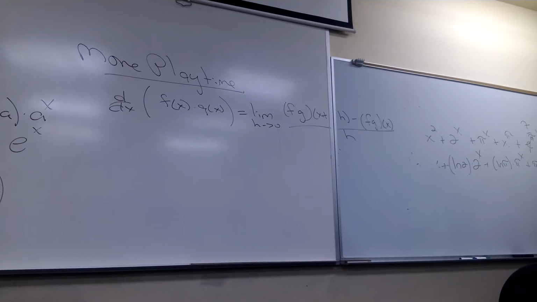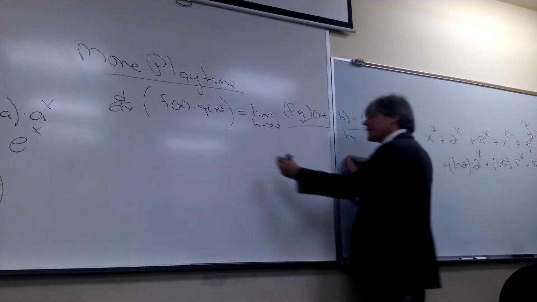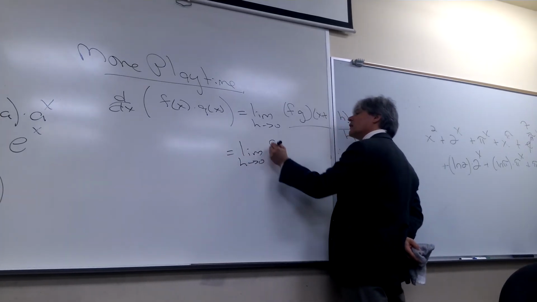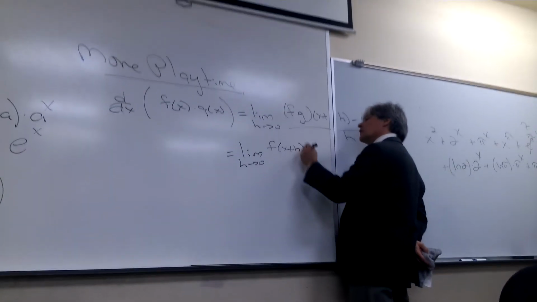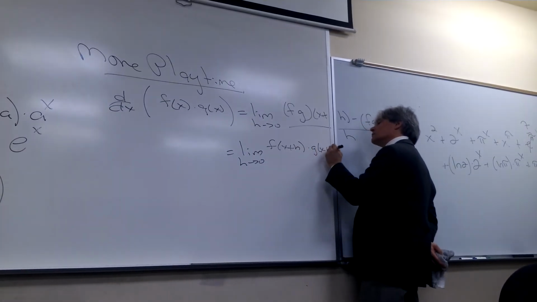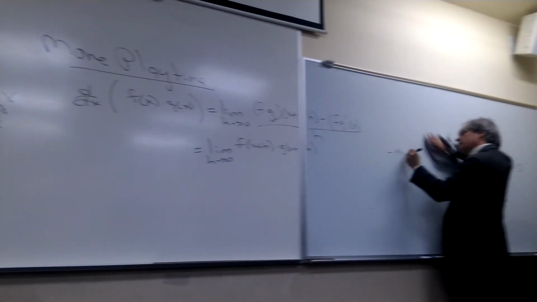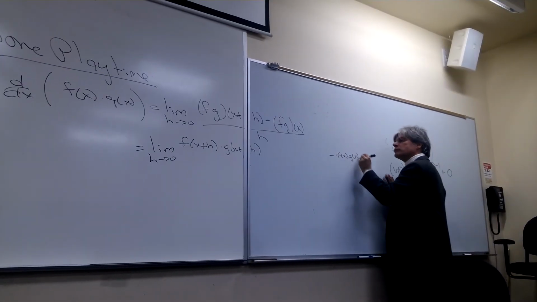Now going back to math D, I think I can expand a tad bit. That's the limit as h goes to 0 of f of x plus h times g of x plus h minus f of x times g of x, all over h.